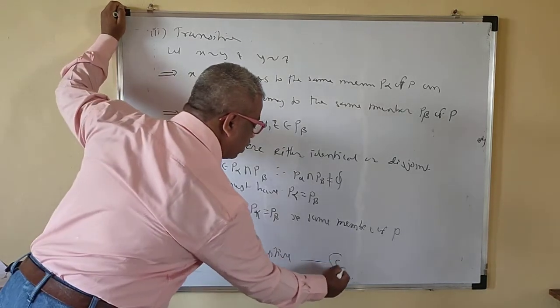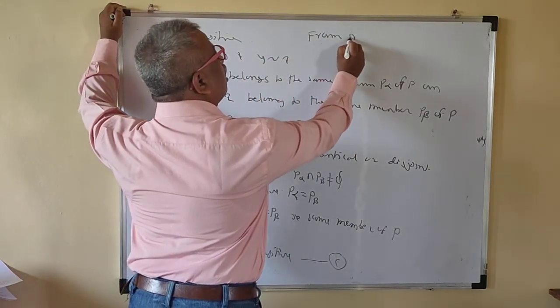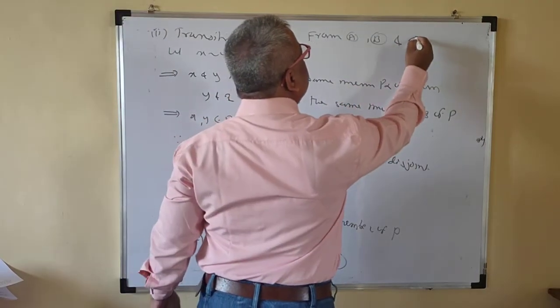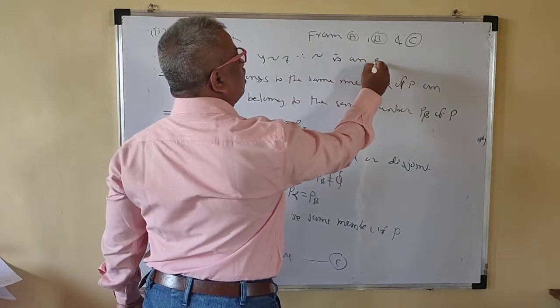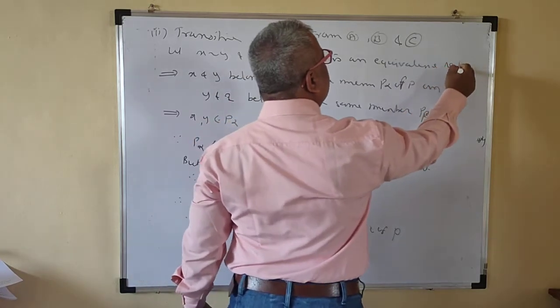I call this as C now. So from A, B and C, ~ is an equivalence relation.